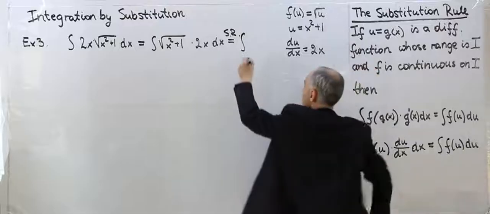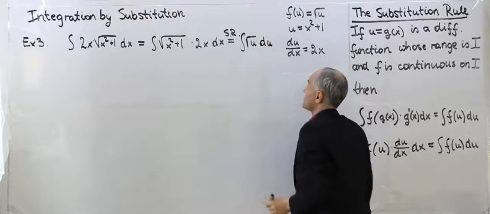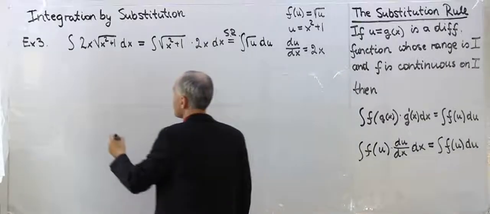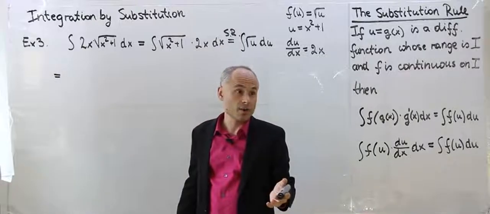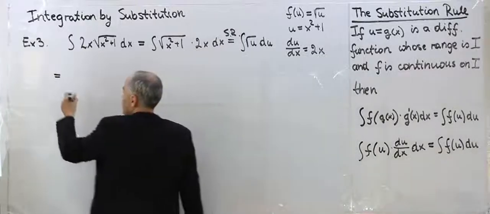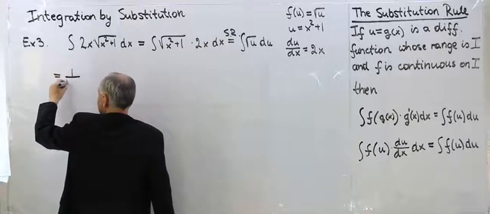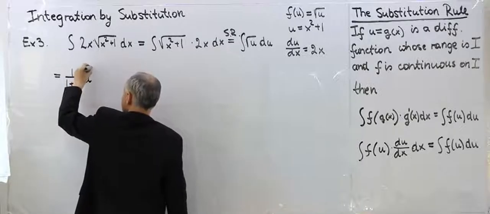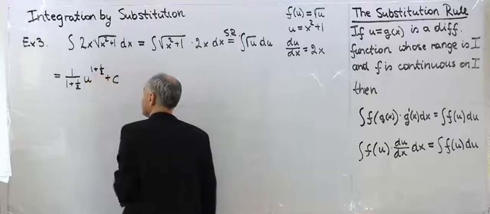F of u is the square root of u. So we get just the integral of the square root of u du, which is like u to the power 1/2. So we get 1 over 1 plus 1/2 u to the power 1 plus 1/2 plus c.